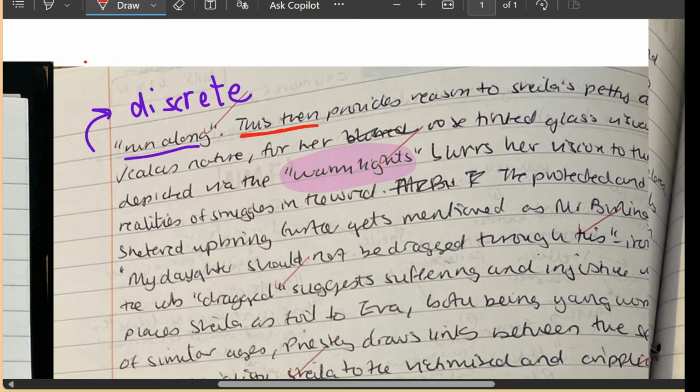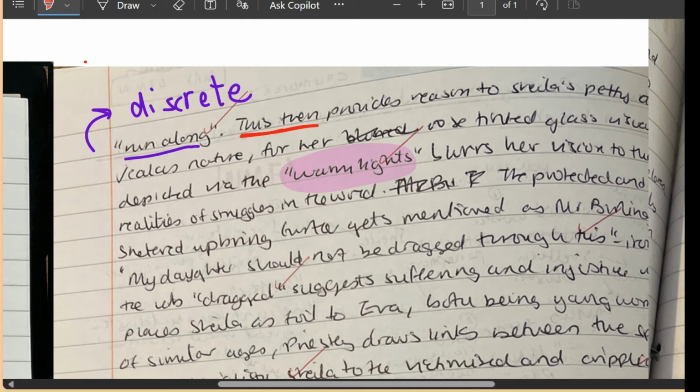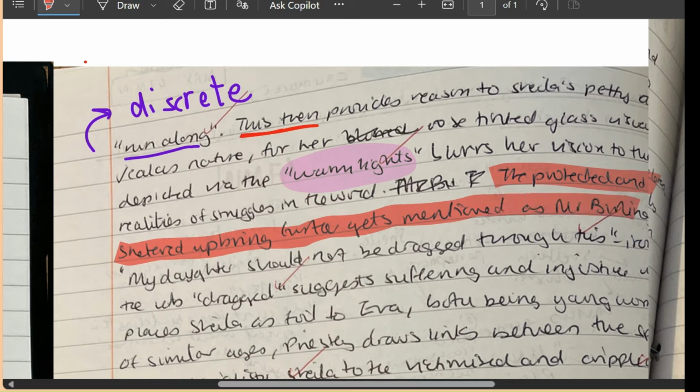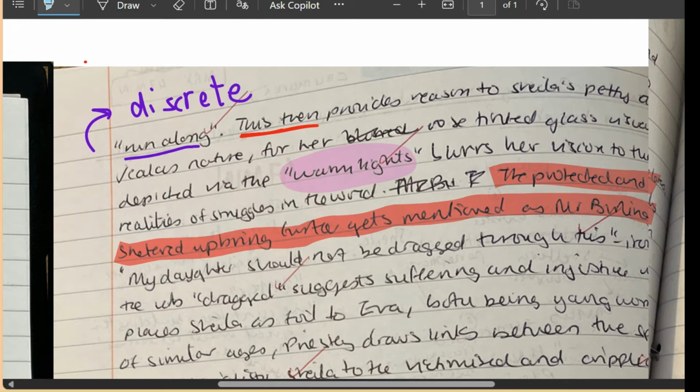The protected and sheltered upbringing. Remember, a lot of GCSE English is about how you communicate your thoughts. And if you're using very nice adjectives, very varied rather than the same thing, it definitely does make it refreshing to read. The protected and sheltered upbringing further gets mentioned as Mr. Birling says, and this is another quote, "My daughter should not be dragged through this."